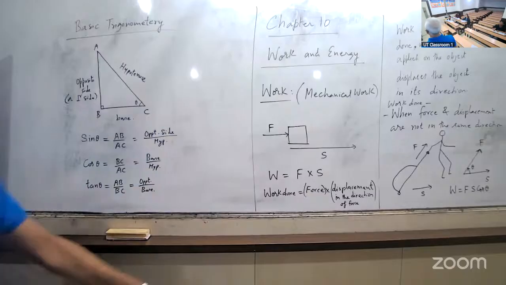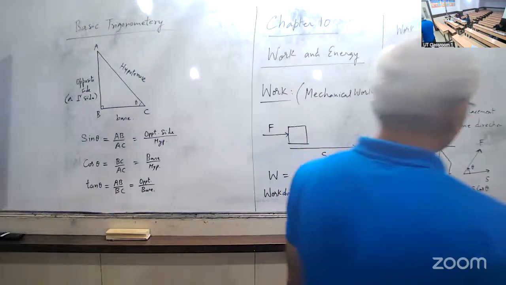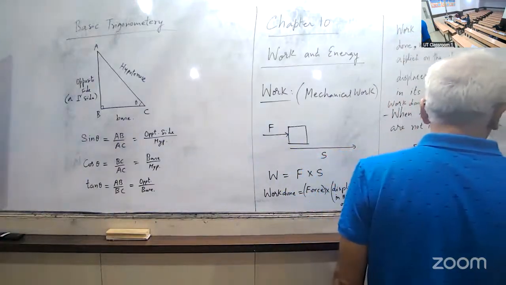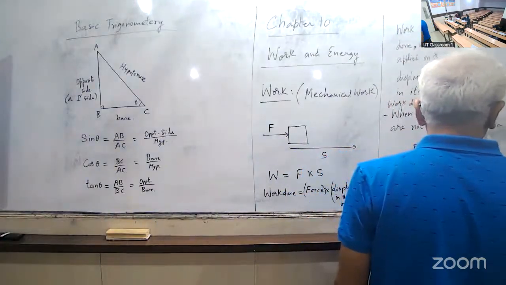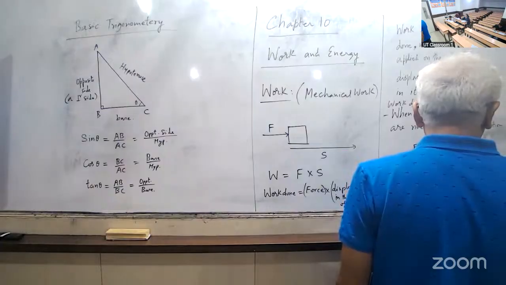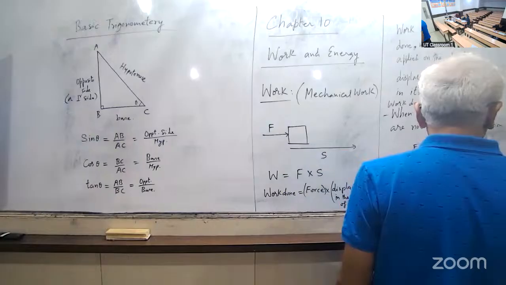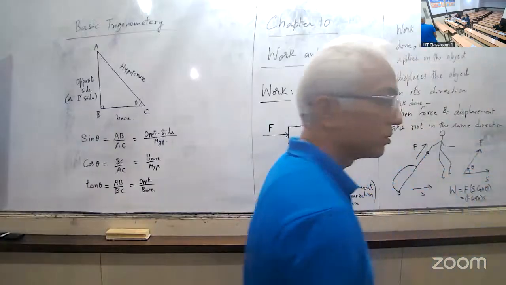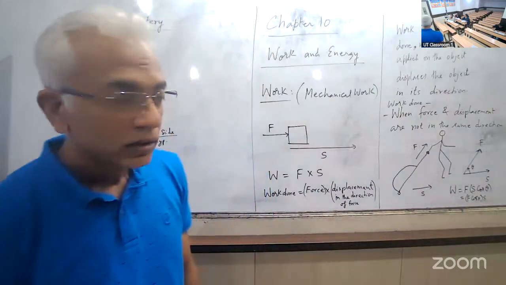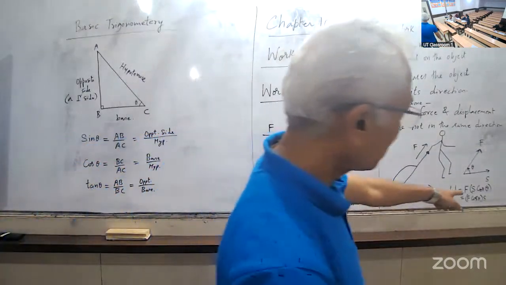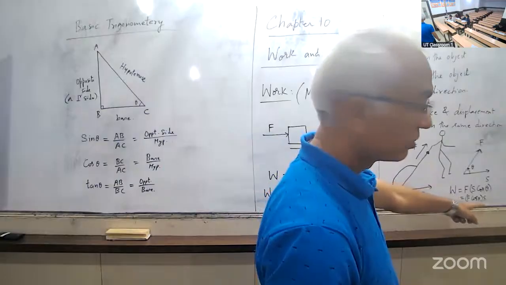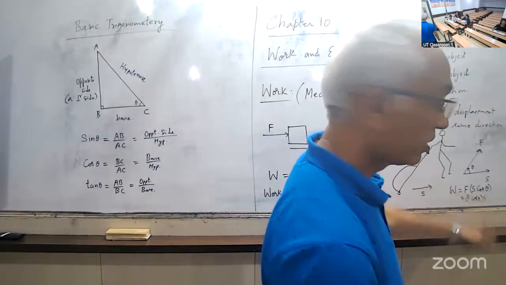So if you look here, Fs cos theta, you can also write it as F into S cos theta. Both are the same thing. What is the meaning of this? What is S cos theta?